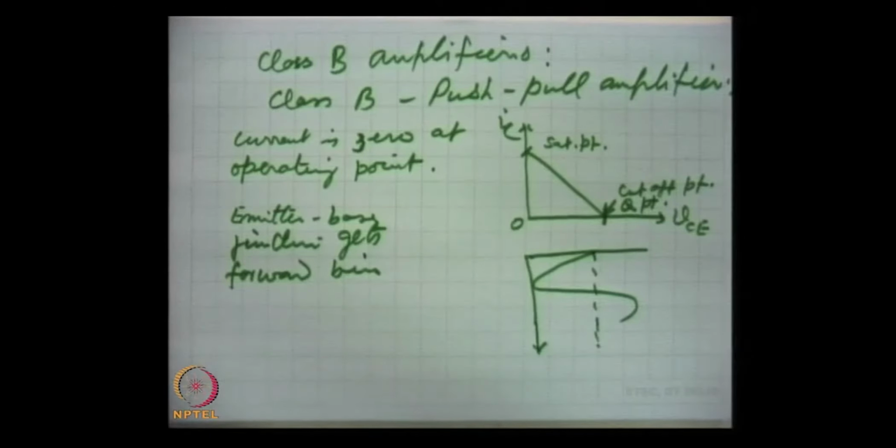When we apply the input, this will become clear when we take the actual circuit, but you just understand that the emitter base junction will get forward bias by, for example, part of the input signal, and then it will move to the active region and conduction will occur.